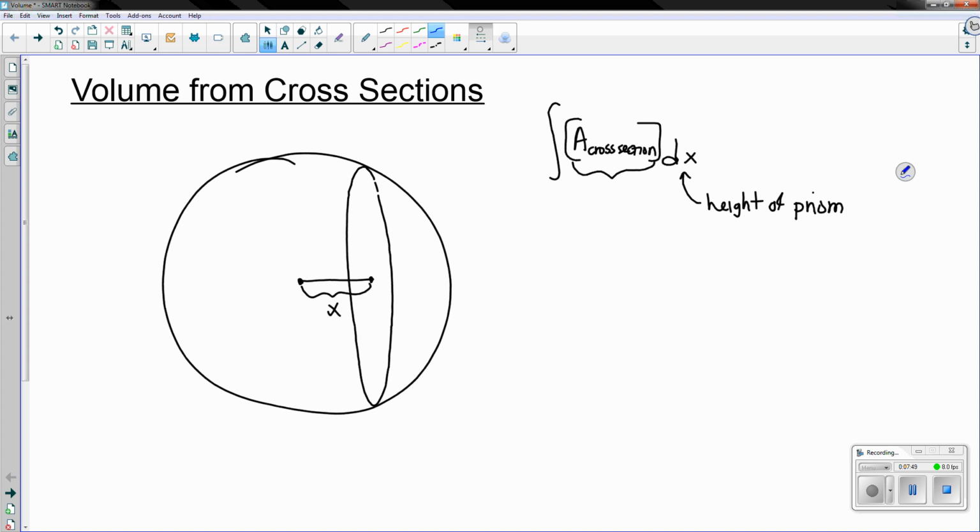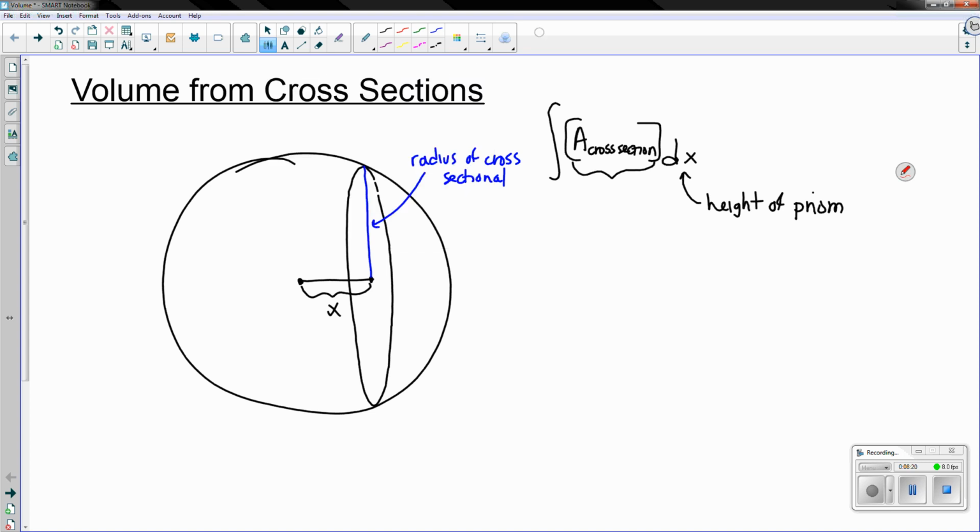And the area for a circle is dependent on us being able to represent the radius of this circle, which is drawn or represented through this blue line. So how do I get the radius of this cross-sectional slice? Because if I can represent that, then we can come up with an area formula for any cross-section circle that is made or observed.